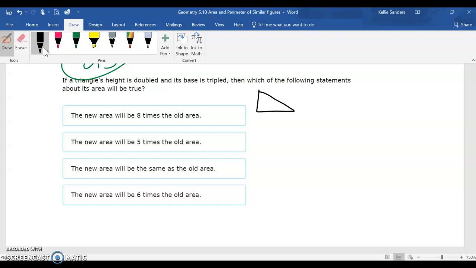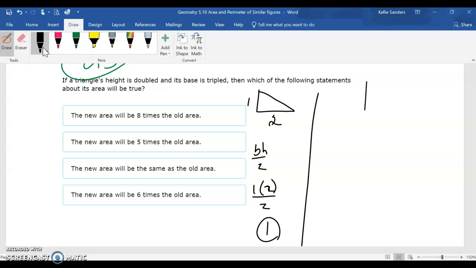It doesn't give us anything about a triangle's lengths or sides, but we could come up with it. Let's say that this triangle that we just drew is 1 and 2. Well, what would the area be? Base times height divided by 2, 1 times 2 divided by 2. So that's going to be a 1 for the original one.